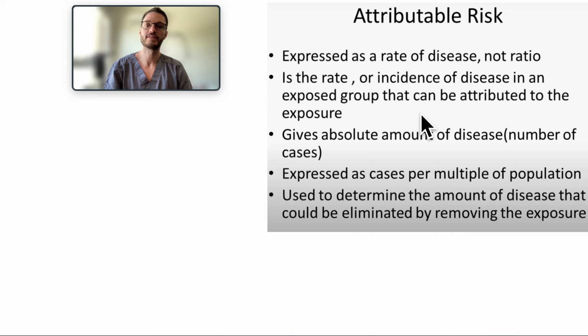It is expressed as cases per multiple of population. We just saw that in percentages. 6% is 6 over 100 persons. If you want to express that over 1,000 persons, just multiply 6 over 100 times 10. It will give you 60 over 1,000 persons.